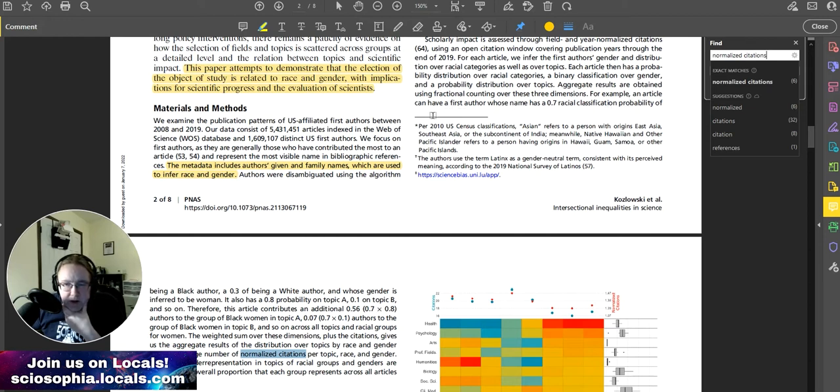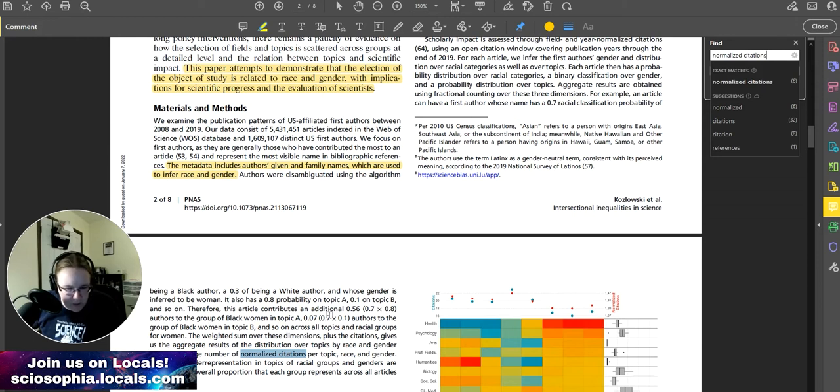For example, an article can have a first author whose name has a 0.7 racial classification probability of being a black author, a 0.3 of being a white author, whose gender is inferred to be a woman. It also has an 0.8 probability on topic A, 0.1 probability on topic B, and so on.